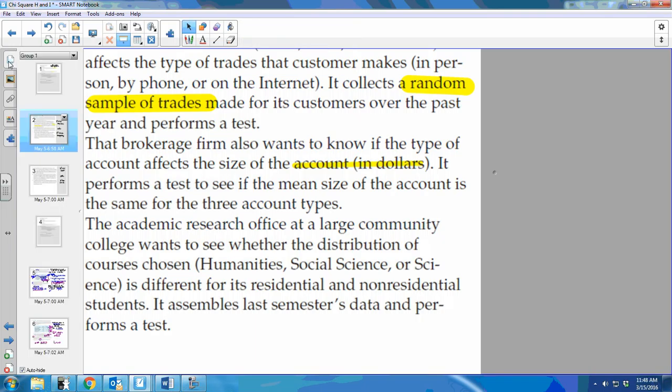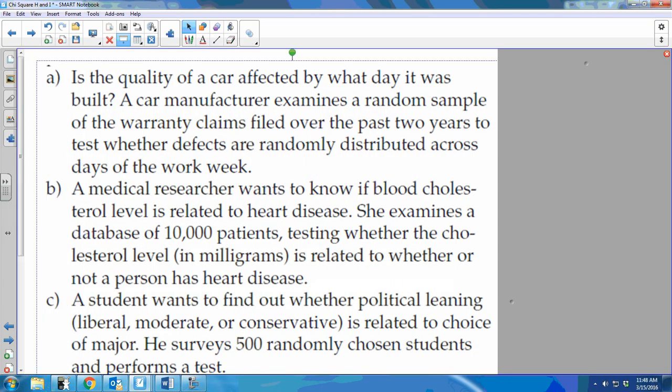I've got some more. Is the quality of a car affected by what day it was built? A car manufacturer examines a random sample of the warranty claims filed over the past 2 years to test whether defects are randomly distributed across days of the work week.